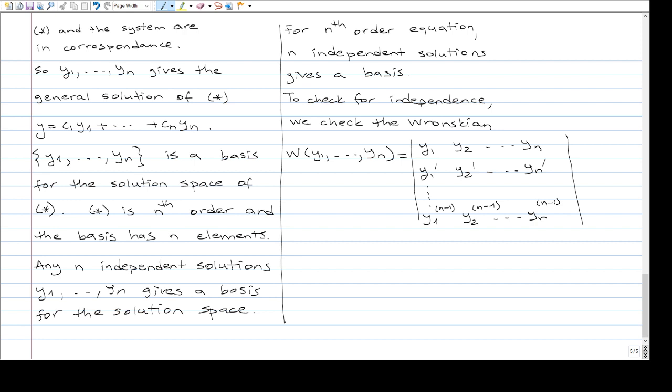This is an n by n determinant, since we stop at the n minus first derivative.